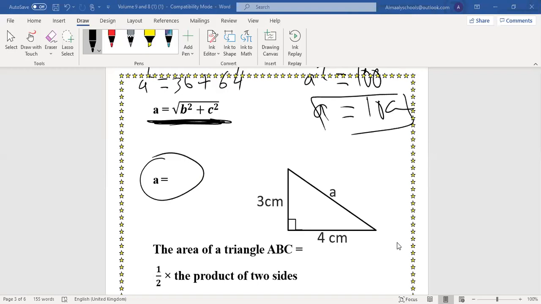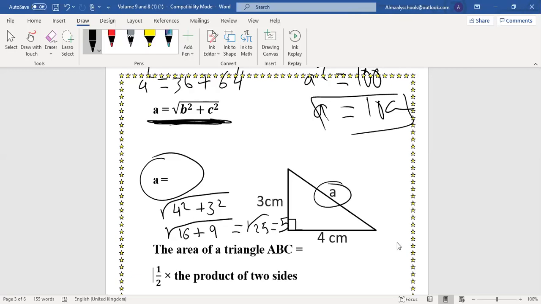So A equals the square root of 4 power 2 plus 3 power 2. 4 power 2 equals 16, and 3 power 2 equals 9. 16 plus 9 equals 25. So the square root of 25 equals 5 centimeters. So the length of the hypotenuse here equals 5 centimeters.